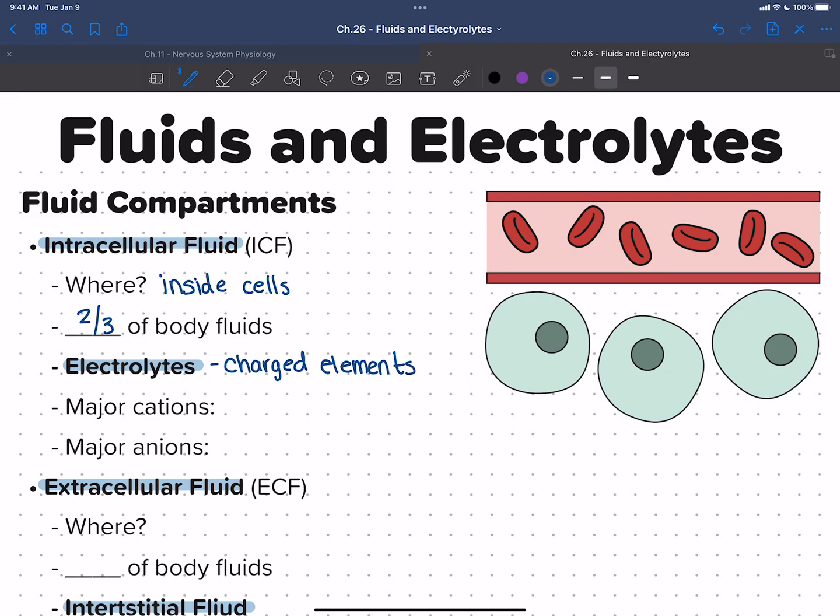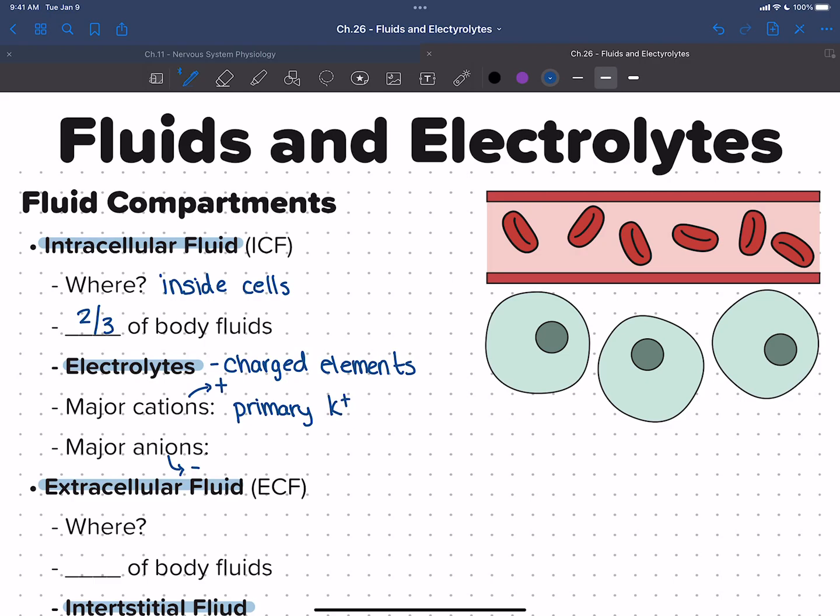Okay, so with intracellular fluid, let's talk about the major cation. Cations, just as a reminder, have a positive charge, and anions have a negative charge. So the major cation in intracellular fluid is going to be potassium, which has a positive charge. This is the primary one.